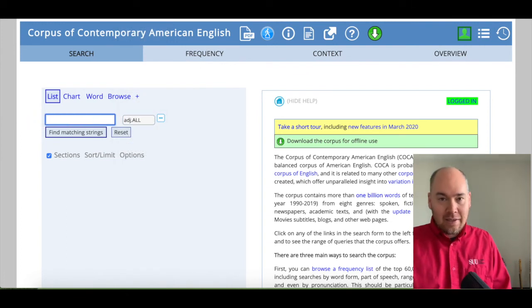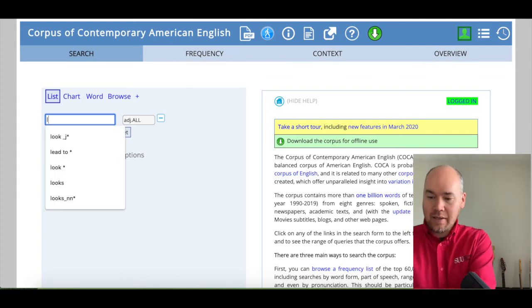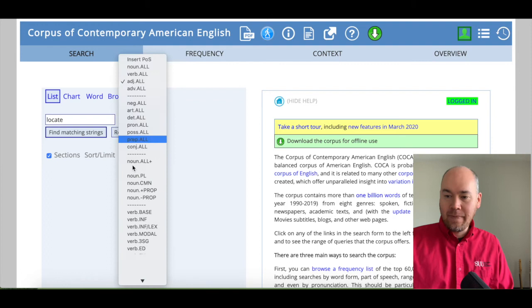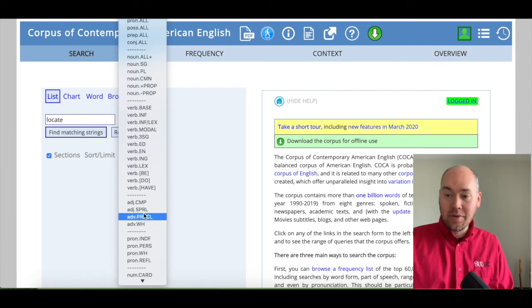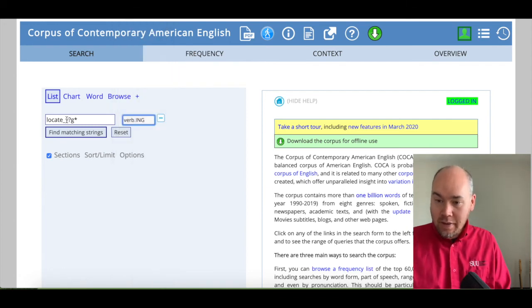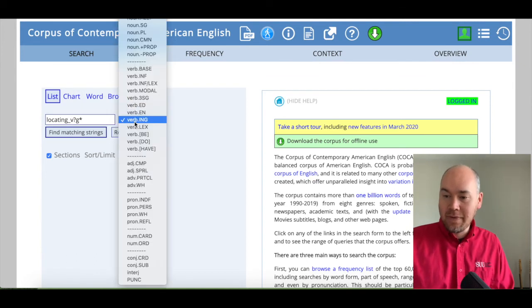So let's say I want to find a word like locate, and I want to know which verb form is the most common. I can do searches by different verb forms and try to find that out. I'm going to look for locating, and this will find locating as a present participle. It says ing, but it doesn't actually include gerunds.